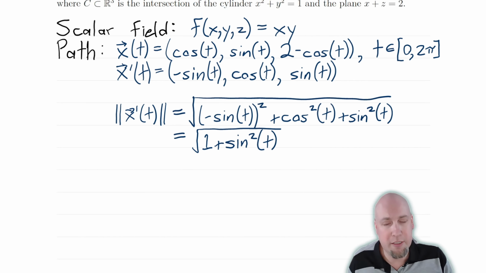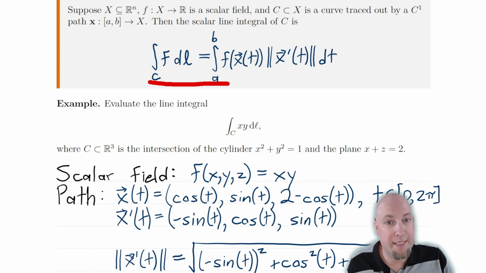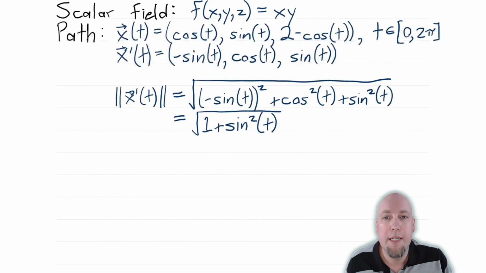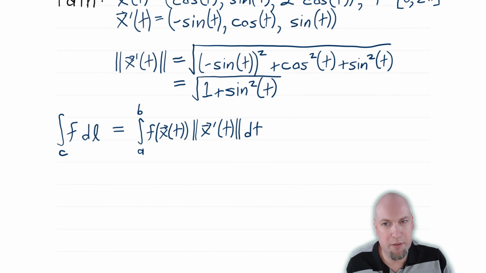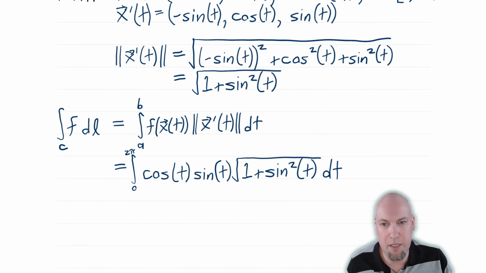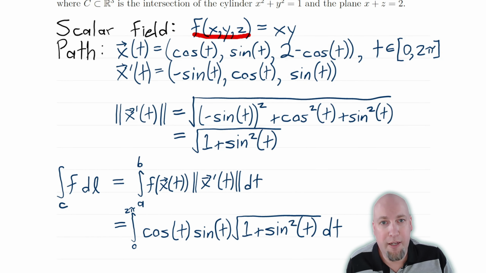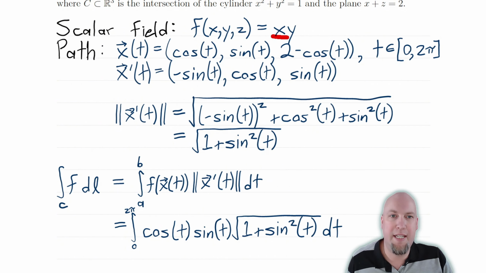Okay, and now I can just plug everything into my scalar line integral formula. And when I do that, what do I get? Okay, so that's the formula for the scalar line integral, and now I start plugging all this in. So f of x of t. Well, f of x, y, z is x times y. So I take the x component of x of t and multiply it by the y component of x of t.